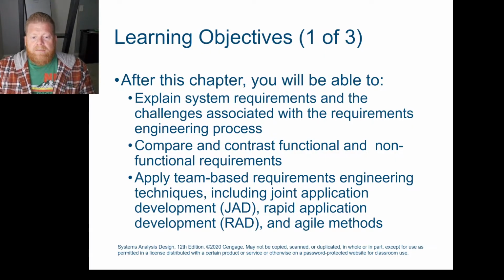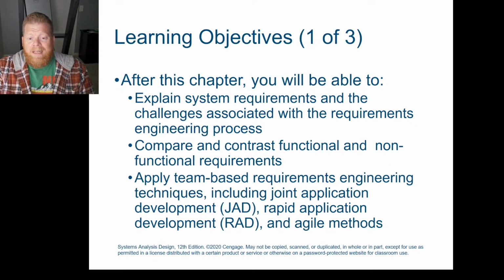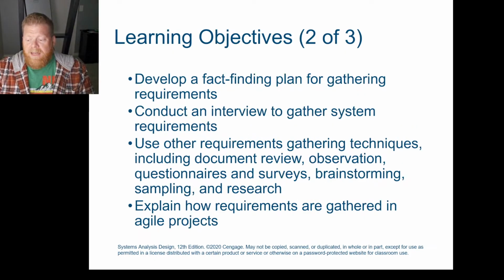You will be able to compare and contrast what you consider and others would consider functional requirements and non-functional requirements. You'd be able to apply team-based requirements engineering techniques, including JAD and RAD, or Joint Application Development and Rapid Application Development. And you'd also be able to identify agile methodologies.